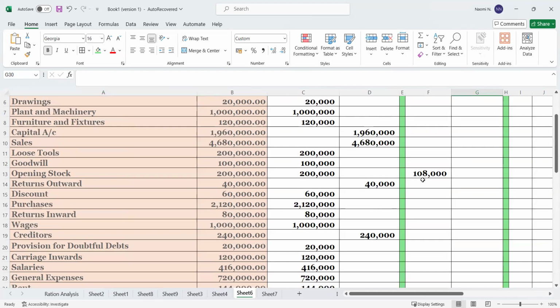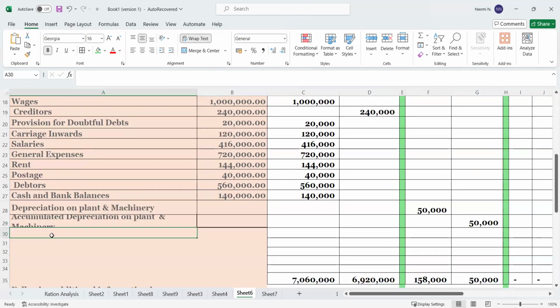There's something we forgot: we need to adjust for the opening stock. Every time you're given opening stock and closing stock, it affects your trading account. So we'll create a trading account, or a profit and loss account, so that it can balance.